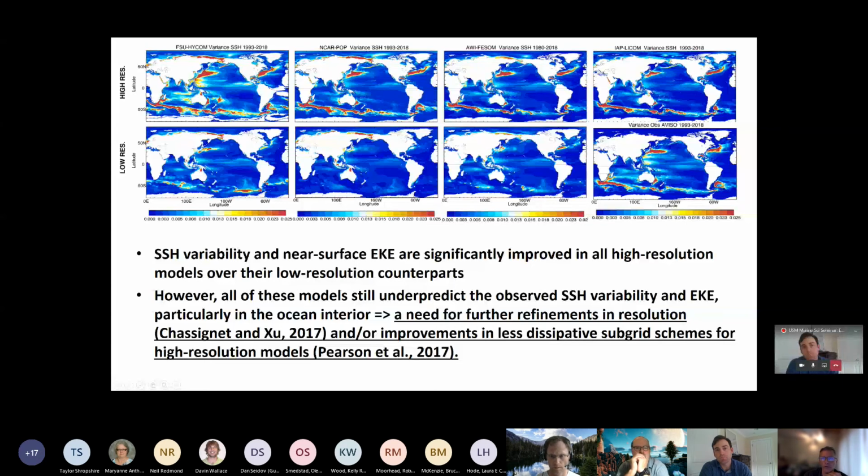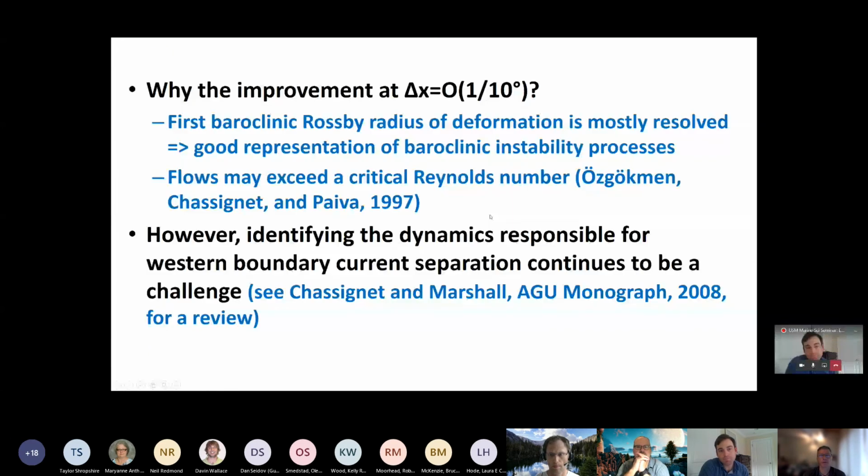So that's one of the benefits of increasing resolution. But they all still underpredict the observed sea surface height variability and the eddy kinetic energy, especially in the interior. So what we argue is that there is still a need for further refinement of resolution or improvement in less dissipative numerics.